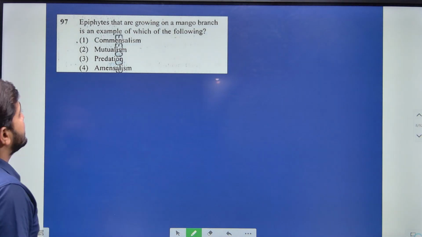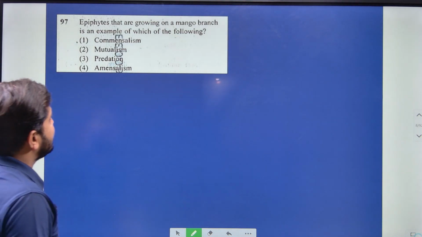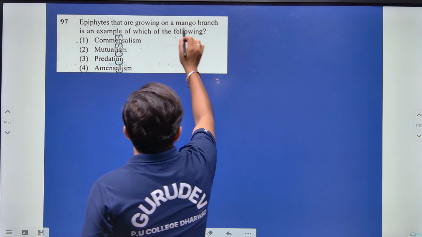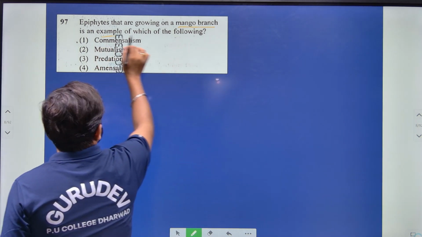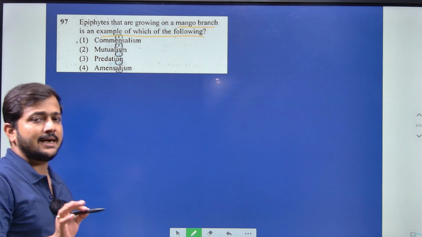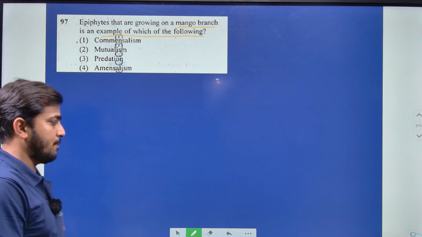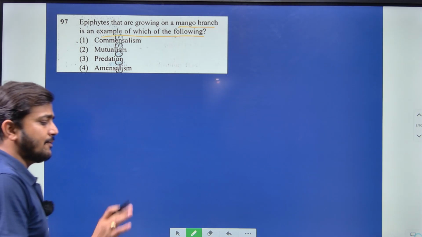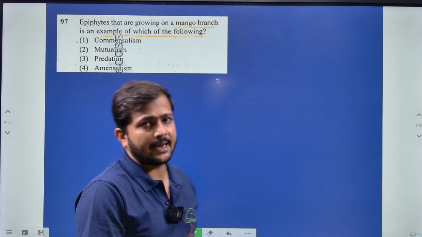Moving on to the next: epiphytes that are growing on a mango branch is an example of which of the following? You have already studied organism and population, and inside that we came across population interactions.